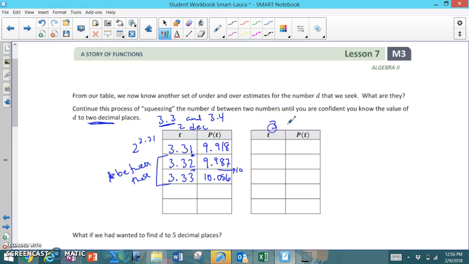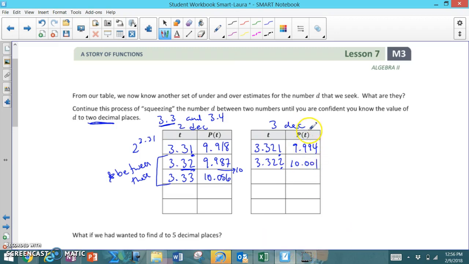If I asked you to go as far to find 3 decimal places, you would continue. Again, I would take the 3.32, the lower end of what I just found, add another decimal place, and I always start at 1 for strategic purposes. So I would do 2 to the 3.321, I get 9.994, and then I would do 3.322, again just changing that last decimal place, and I get 10.001.